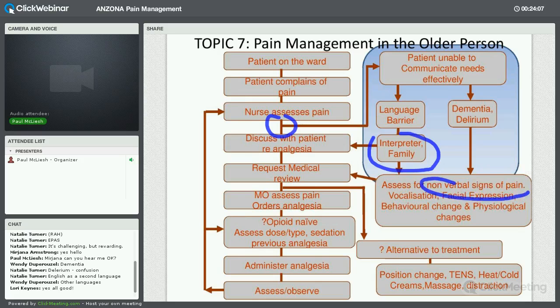So that's the sort of area that I wanted to look at and consider that, especially in the acute care setting. Now, this use of these sorts of tools in looking at behaviour and non-verbal signs of pain has been used in aged care for a long time, but I'm not really aware of other areas that use it in the acute setting, and it's something that we wanted to consider in this research as well.